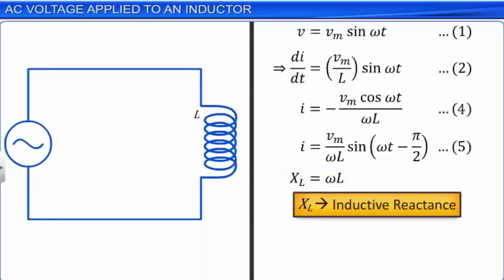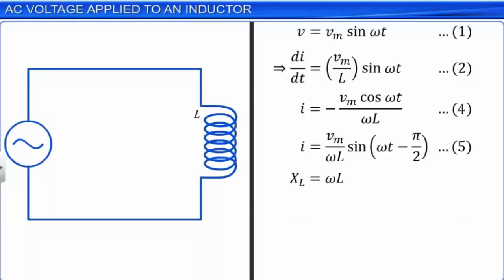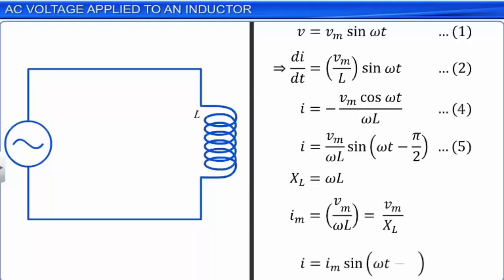We get the amplitude of the current Im equal to Vm by omega L or Vm by XL, since we know it to be the maximum current value attainable. Hence, equation 5 now becomes I equal to Im sin omega t minus pi by 2. Let this be equation 6.